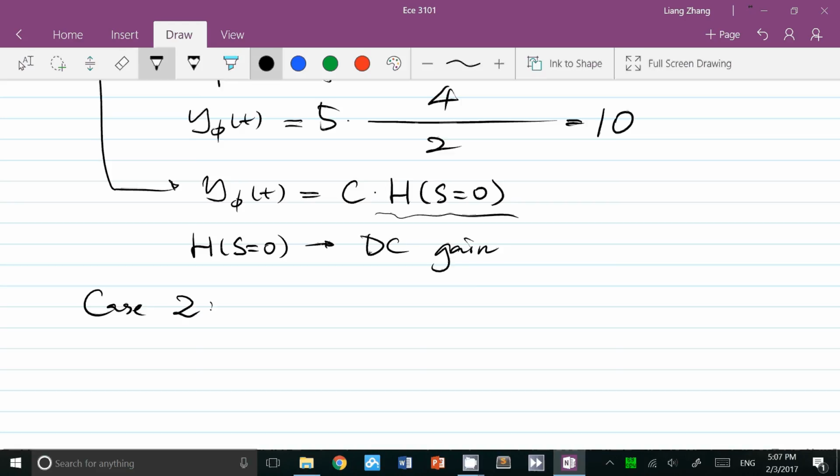Case number 2. Now we can play a little trick. This trick is called having my input signal f of t equal to e to the j omega t, meaning now s is equal to a pure imaginary number j omega.